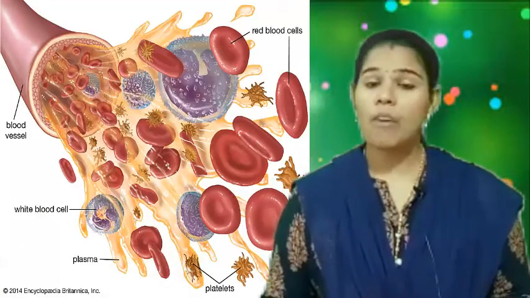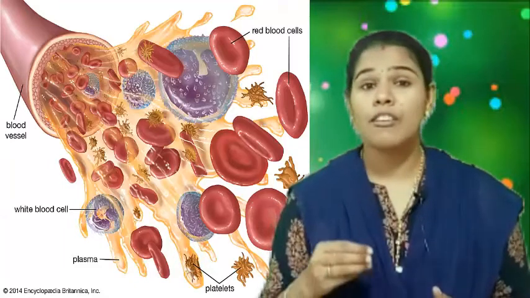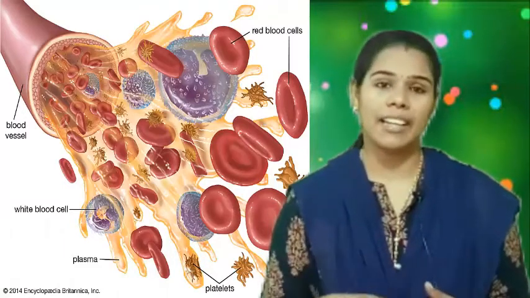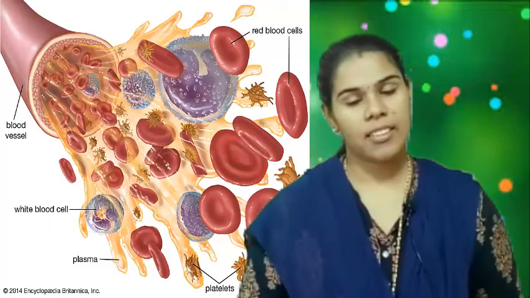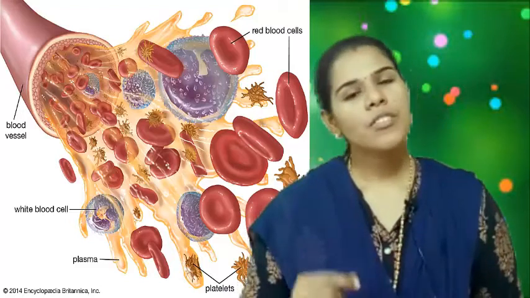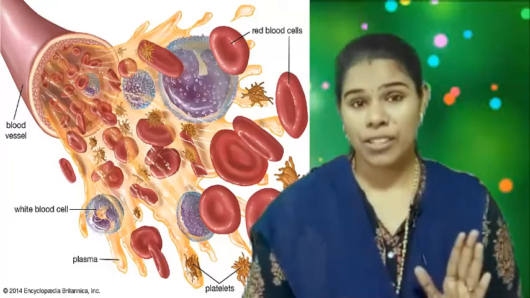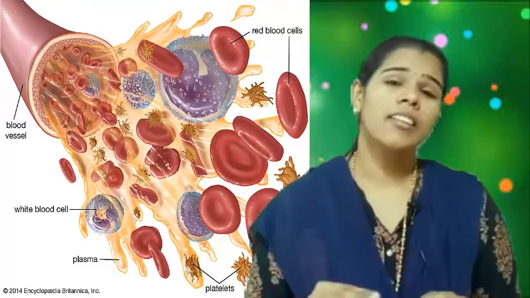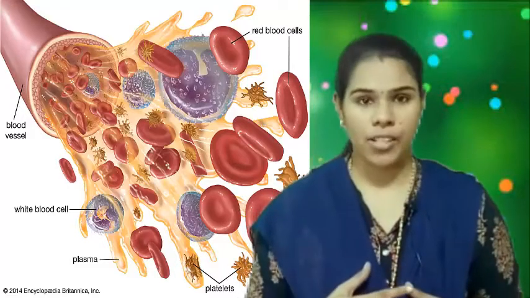In our blood, the matrix is fluid or jelly-like. Let's learn about our blood. We know all connective tissues have their own intercellular matrix.